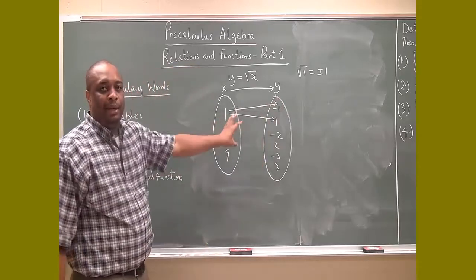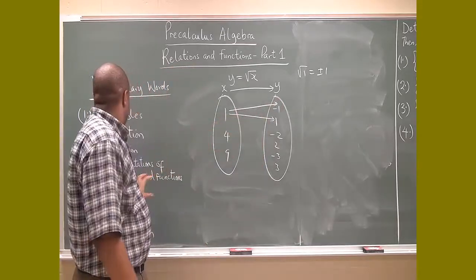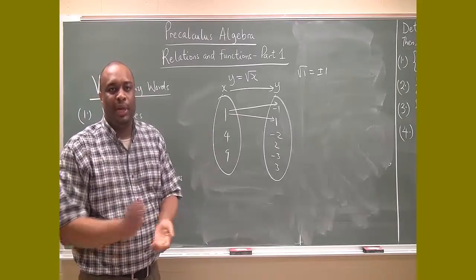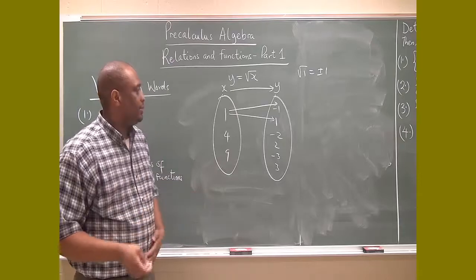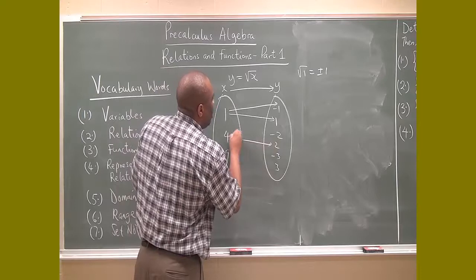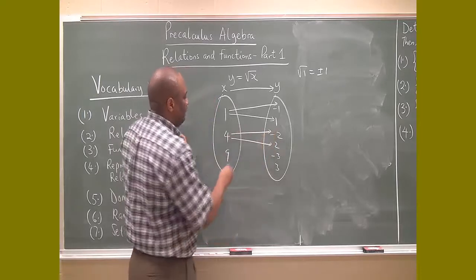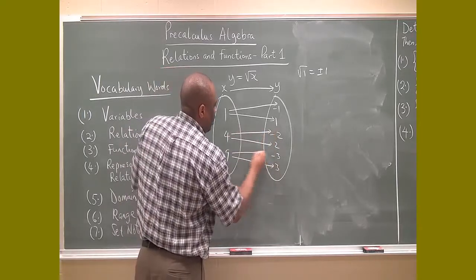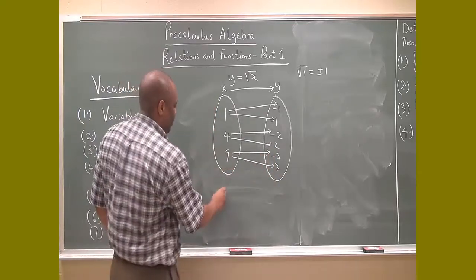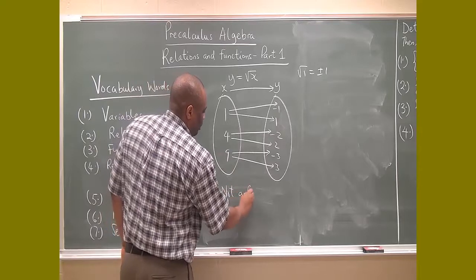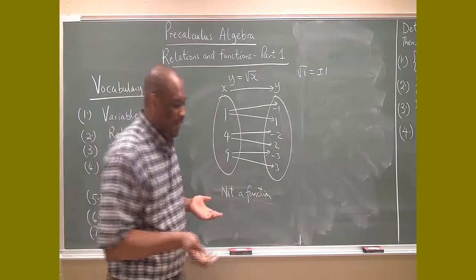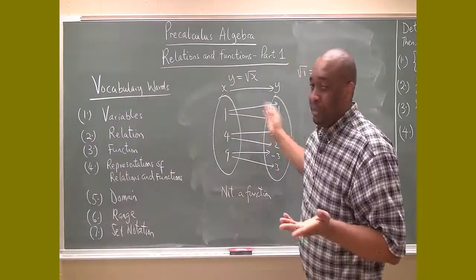This is what we call a mapping or correspondence, different ways by which you can represent relations and functions. Then square root of 4 could be 2 or negative 2. Square root of 9 could be 3 or negative 3. Now, this is a problem. This is not a function. It is a relation, because every input has an output.